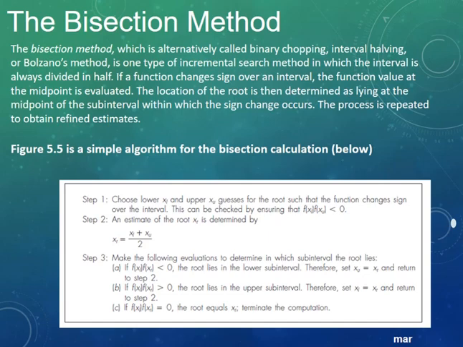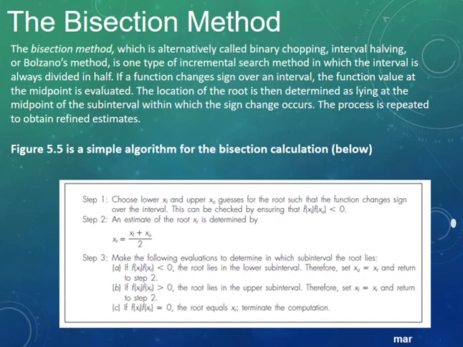So the table below is an algorithm for the bisection calculation. It states that step 1, choose lower xl and upper xu guesses for the root such that the function changes sign over the interval.